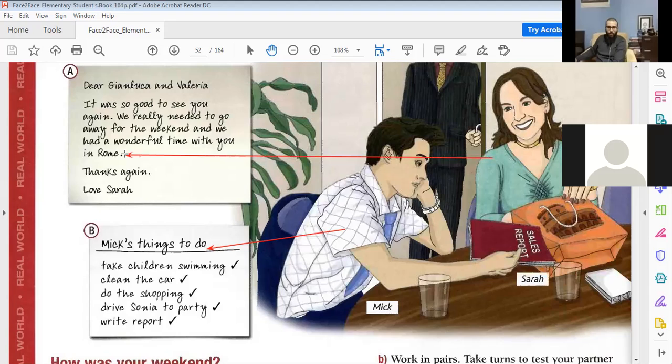And she met her friends Gianluca and Valeria. Exactly. She went to Rome, and Rome is the capital of Italy, Roma, right? So she went to Rome and she met her friends. She had a great time. So this means our answer was correct. إجابتنا الأولى كانت صحيحة.